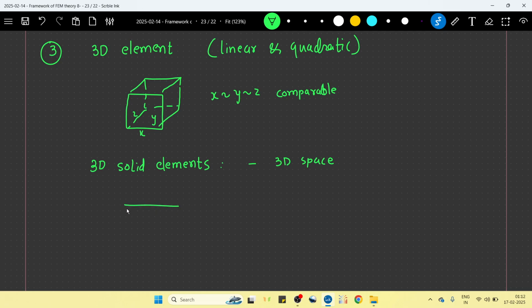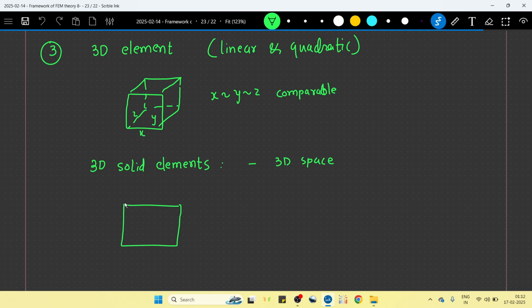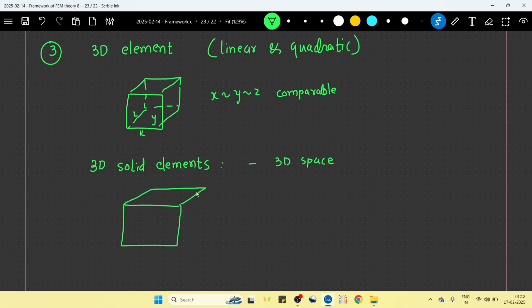So in this, there are hex elements. There could be so many element shapes, but I'm just discussing very commonly and widely used elements. So this is hex element, which has 8 nodes. Okay, hex 8 nodes.